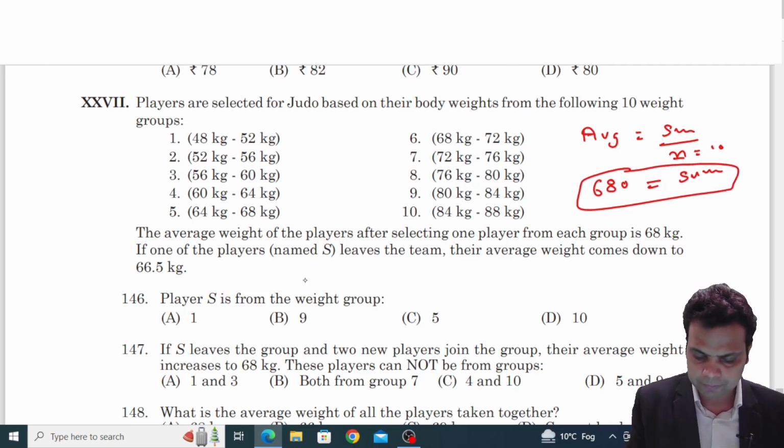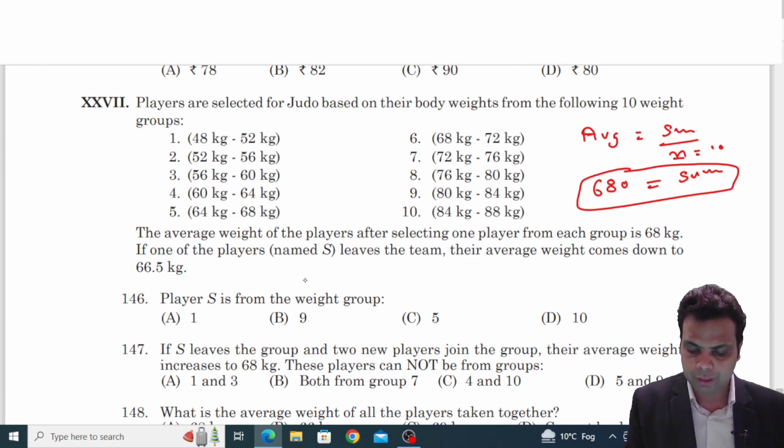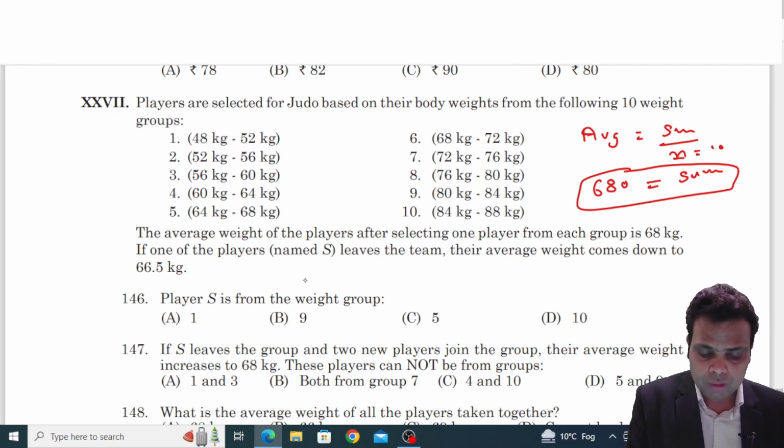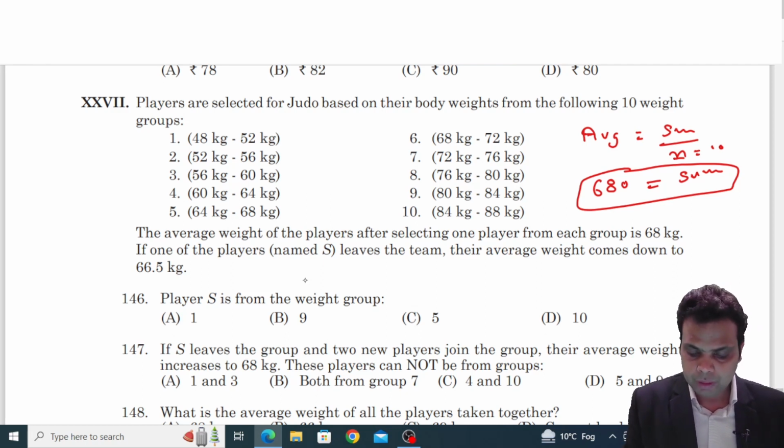Now, player S is from which weight group, which we have to find out. If one of the players named S leaves the team, the average weight comes down to 66.5.